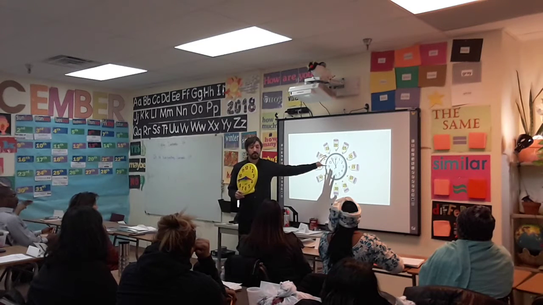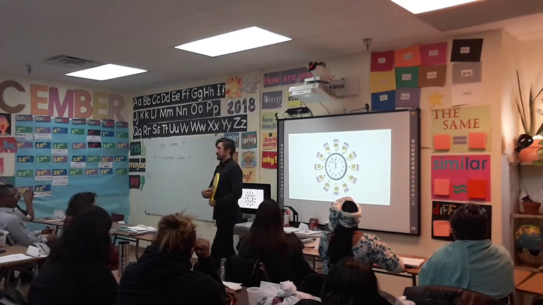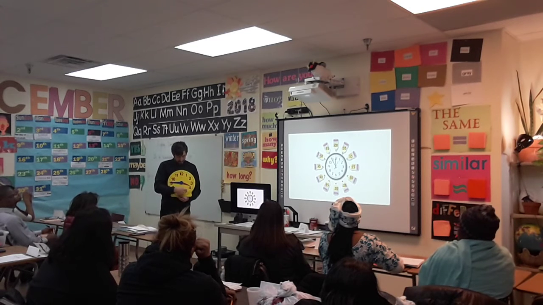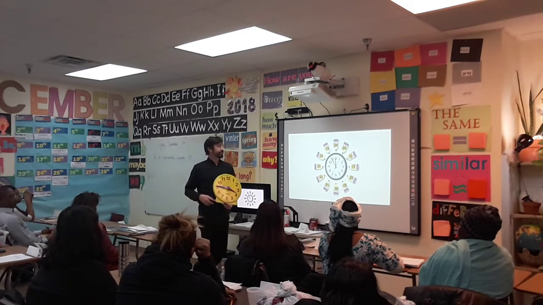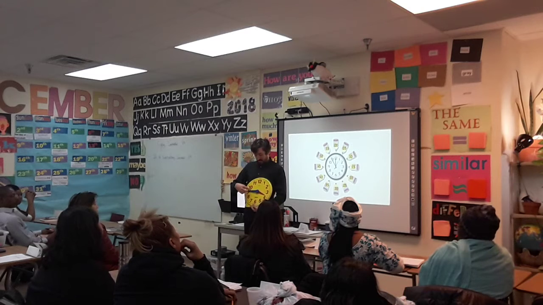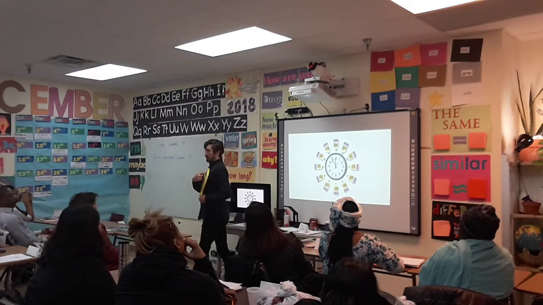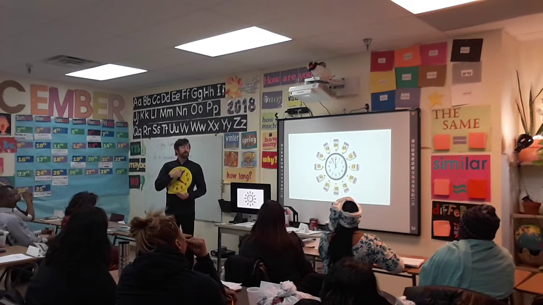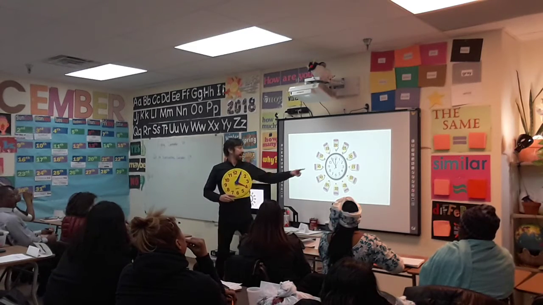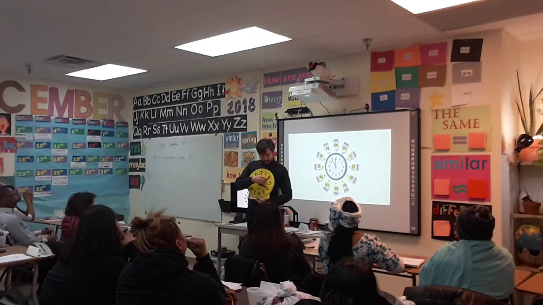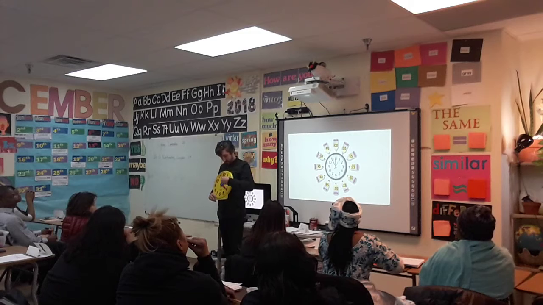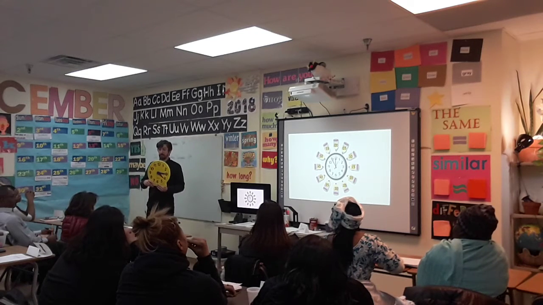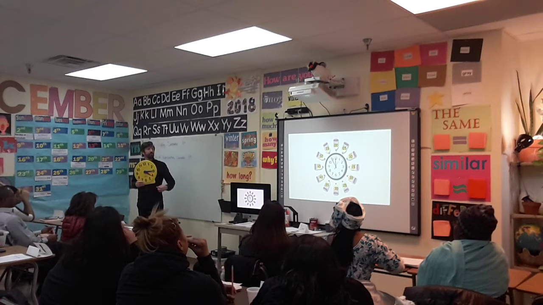So when we see the clock, the small hand is the hour, and the long hand is our minutes. If this hand is here, it's 4:05. If it's here, 4:10. Here, 4:15.